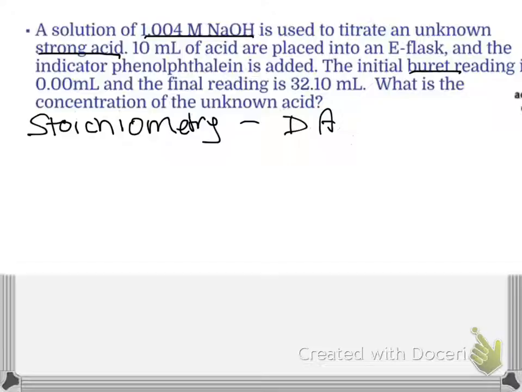A solution of 1.004 molar NaOH is used to titrate an unknown strong acid. 10 milliliters of acid are used, and the indicator phenolphthalein is added. That's the one we used in class where it was clear at acid pH and pink when it's basic.